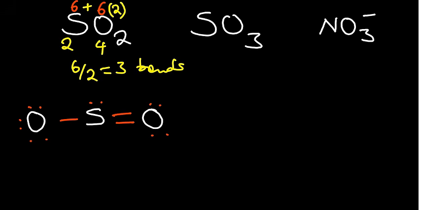Now we need to understand the concept of formal charges. When it comes to Lewis structures, the best Lewis structure is the one which has the fewest charges.